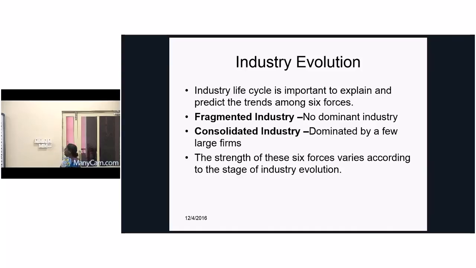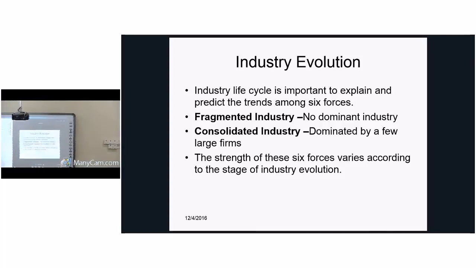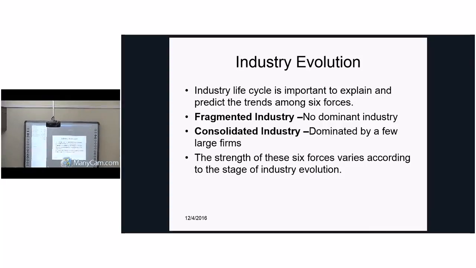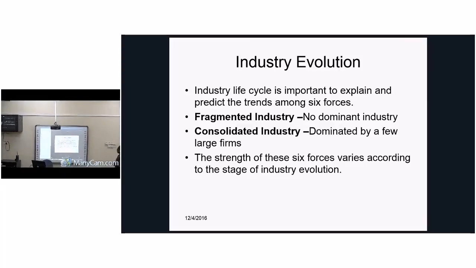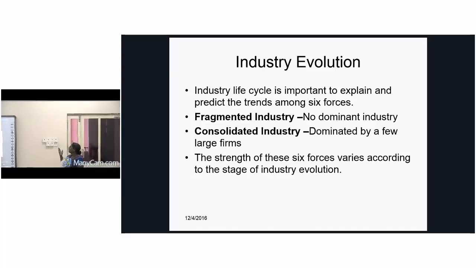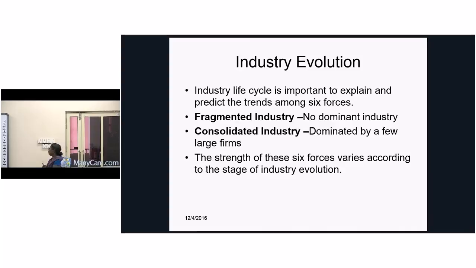For example, say industries are of two types: fragmented industry and consolidated industry. A fragmented industry has no dominant party.